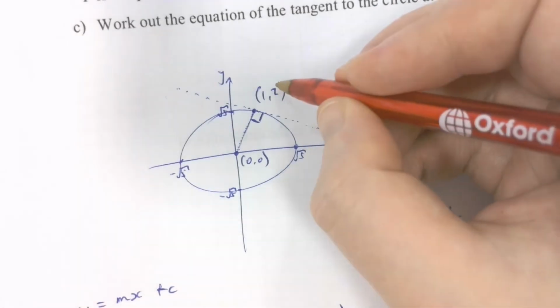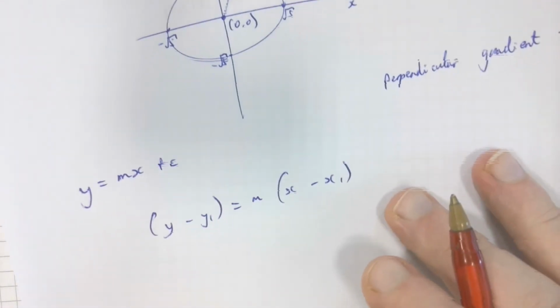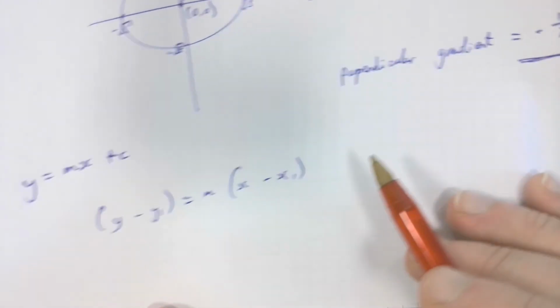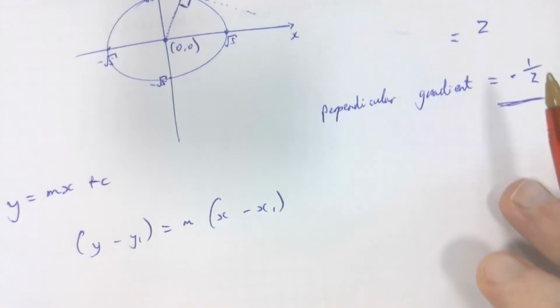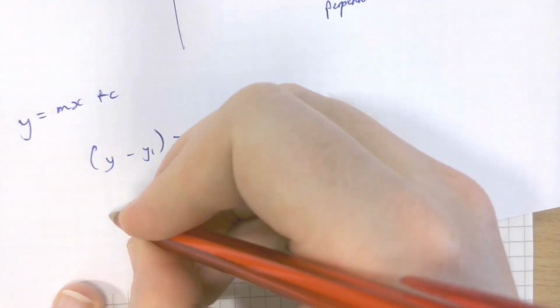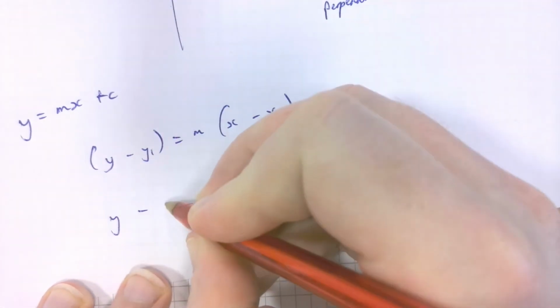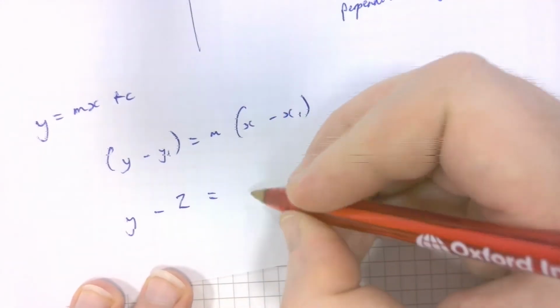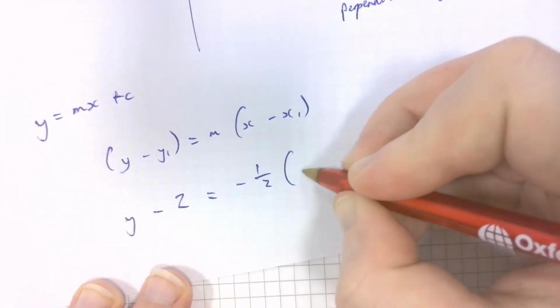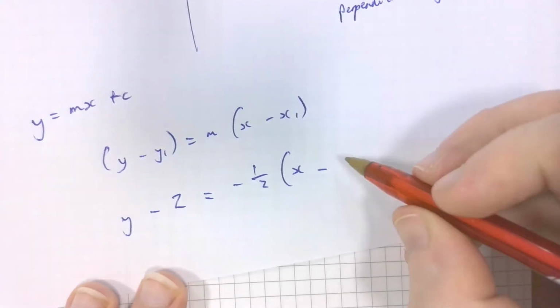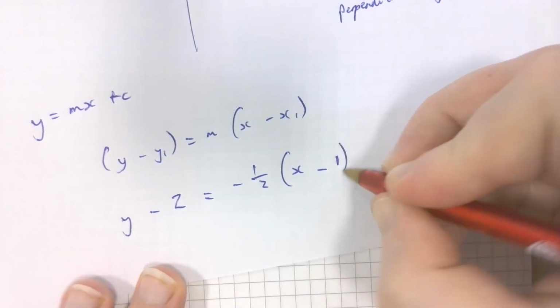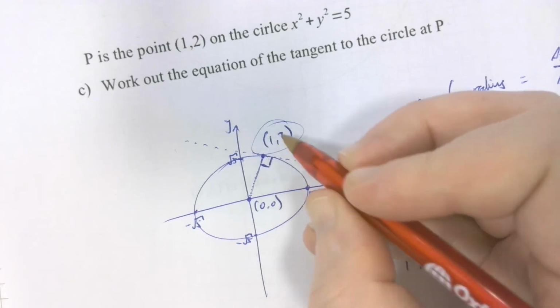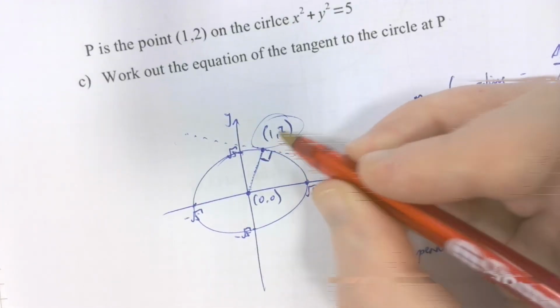In this case, (1, 2). We know everything we need, including the perpendicular gradient and the coordinate, to substitute into this general form. It becomes y minus 2, because the y part of this coordinate is 2, equals minus a half times x minus 1, 1 being the x part of the coordinate.